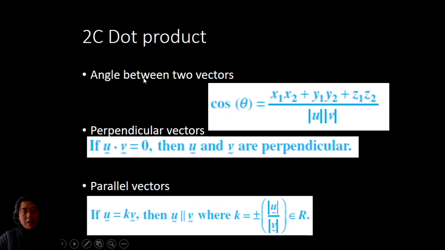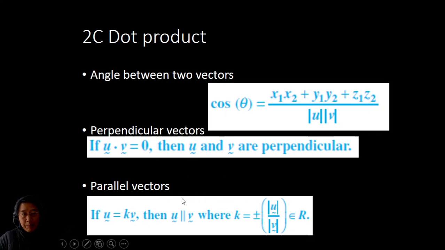All right, so as before, to find the angle between two vectors, you determine your dot product, you divide by the product of the magnitudes, and that will be cos of theta. It's useful in proofs when you want to find out that two vectors are perpendicular.